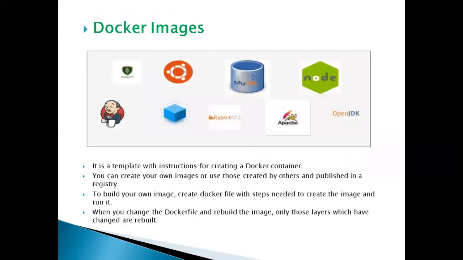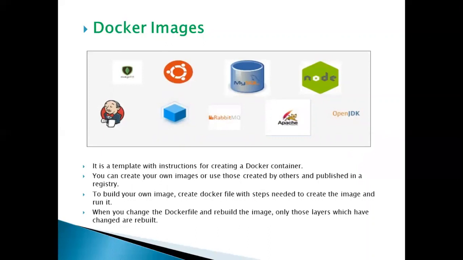What are Docker images? You can see in this picture some of the Docker images are listed, namely MongoDB, Ubuntu, MySQL, Node.js, Jenkins, Bitbucket, RabbitMQ, Apache Tomcat, and Java Development Kit. Docker image is a template with instructions for creating a Docker container.